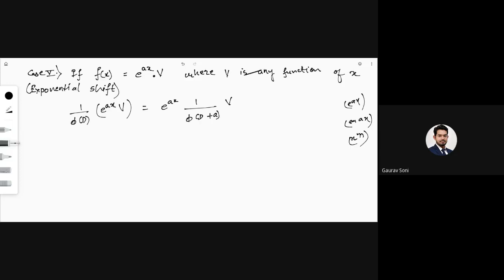Anyone would like to elaborate what this rule says? What is the rule?